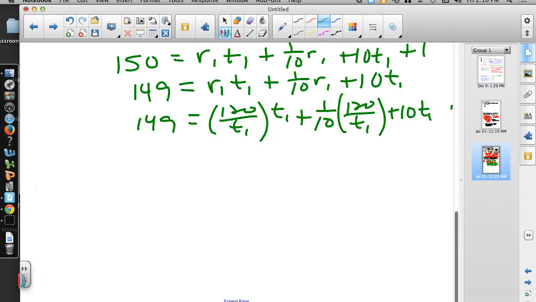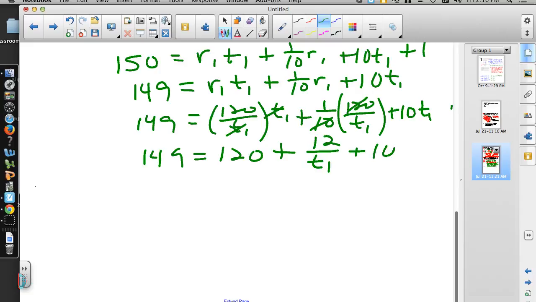what that would be. So I have 149 equals, the t sub 1's drop out, 120 plus, here at least I can do a little reducing and get 12 over t sub 1 and my 10 t sub 1. All right, now let's start putting some things together. We have 120, we'll subtract that from both sides and realize, yes, we do still need to multiply by t sub 1.